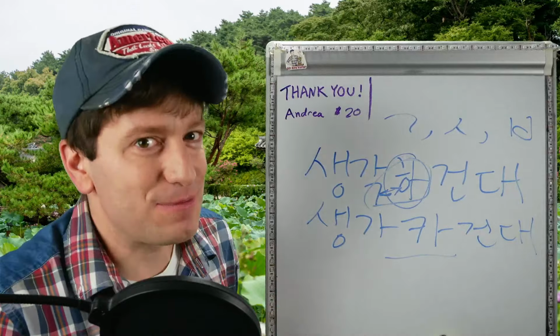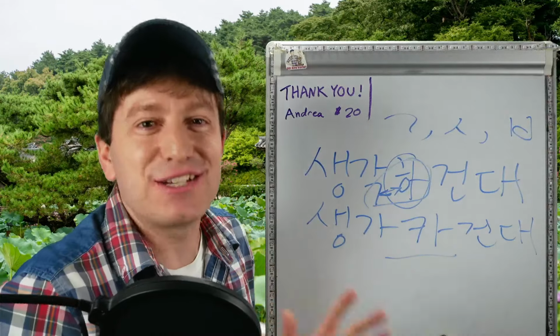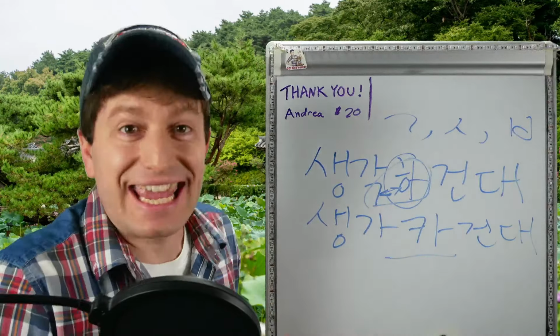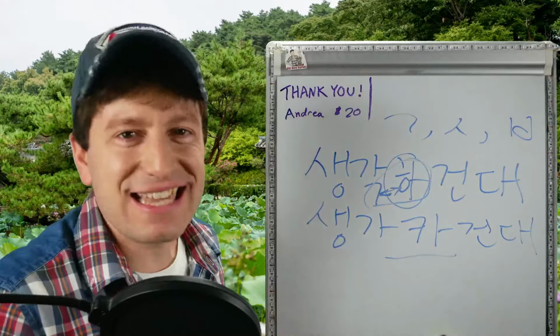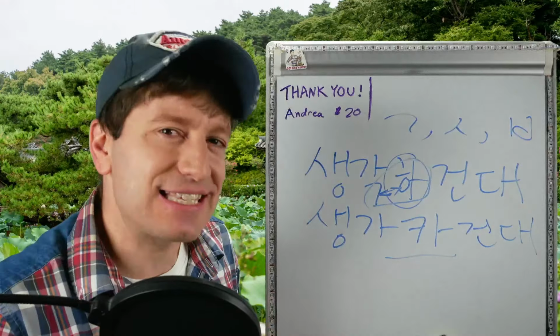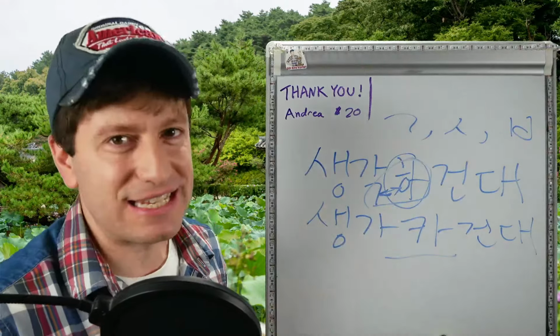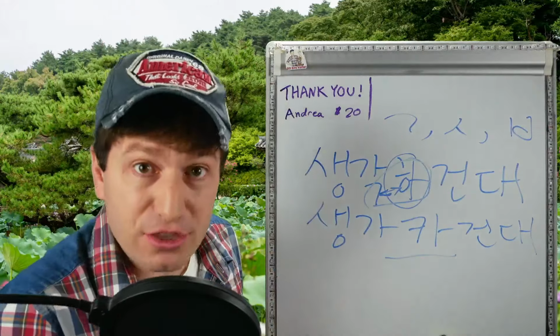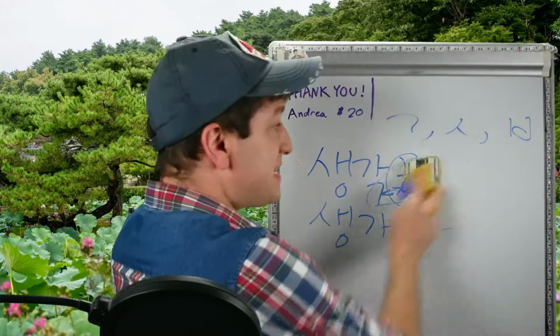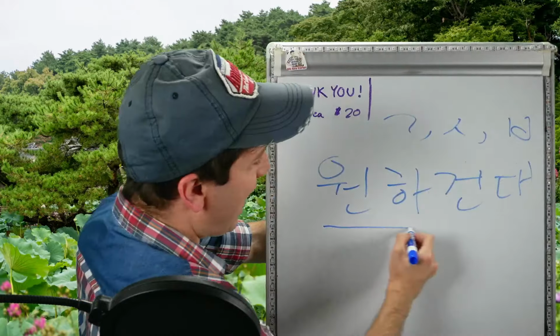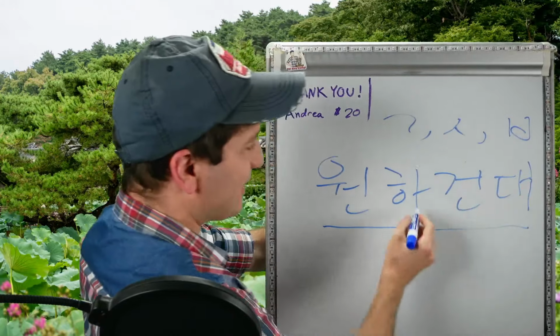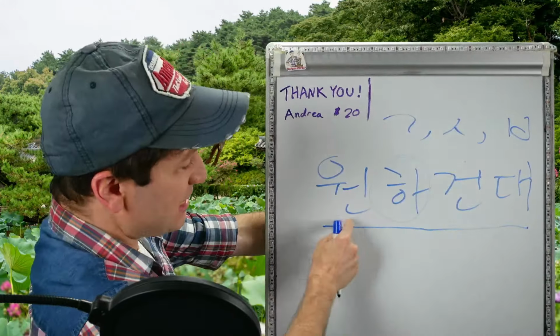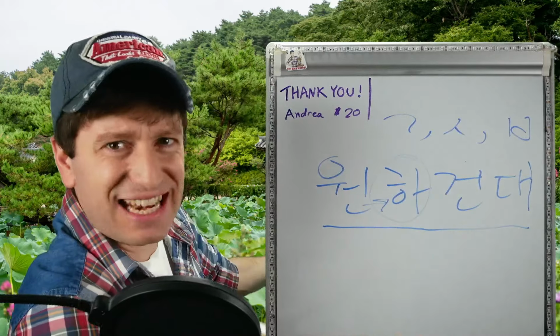Now, I couldn't confirm this on the internet because no one is as much of a language geek as me to care to write up why this happens, but this is my best guess as to why it doesn't work with these, because these sounds already would eat that sound. But with other syllables, there is leftover air. 원하건대 for 원하다. It's left over. This does not eat it because there's nothing that it could do to it.